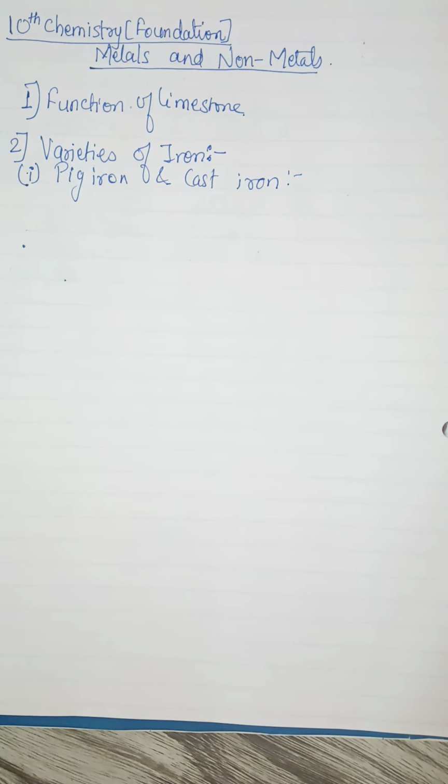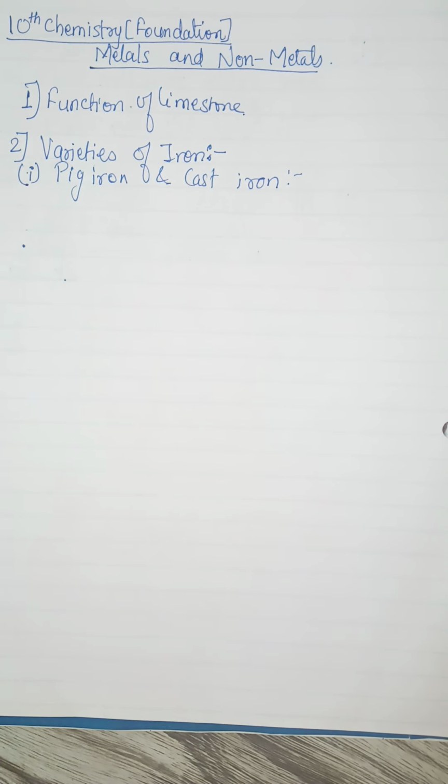ठीक है. So basically the iron produced in the blast furnace is pig iron. It contains a comparatively high percentage of carbon, due to which it is hard and brittle. It also contains phosphorus, silicon, manganese as impurities.